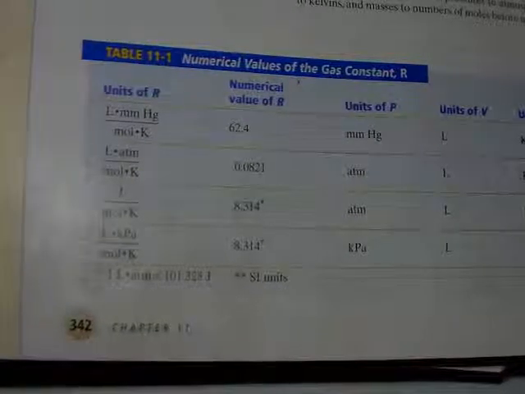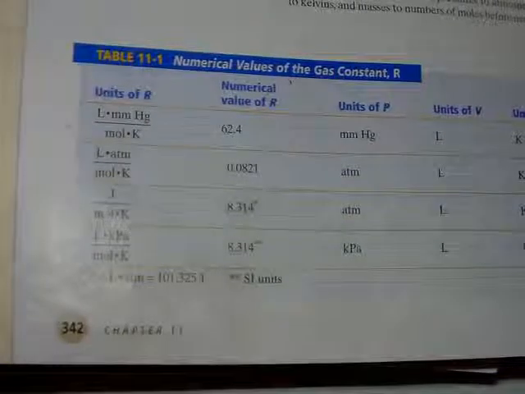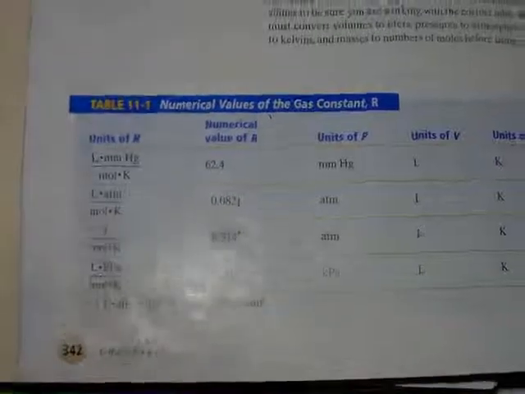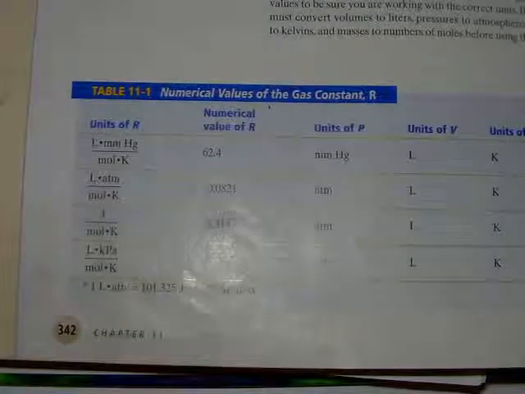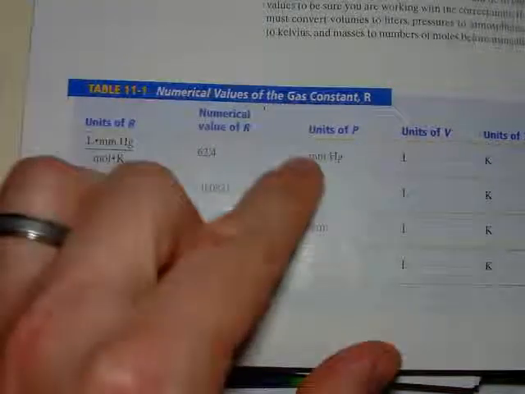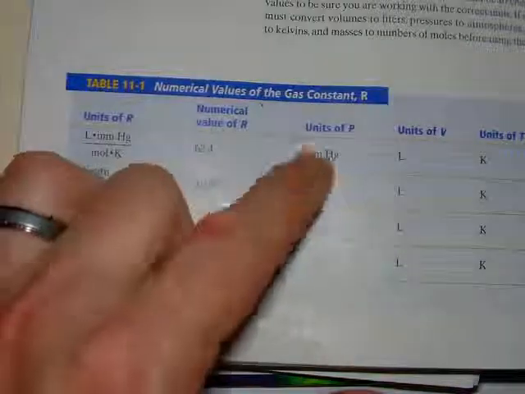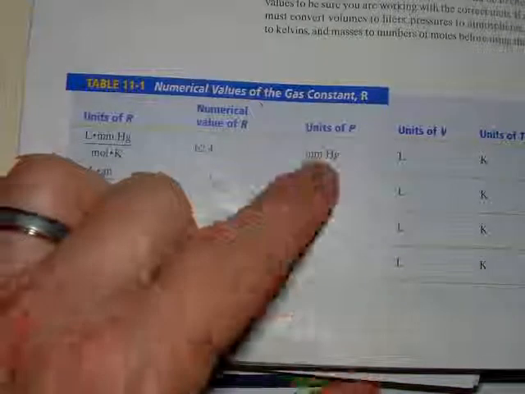It's on page 342. These are the different values of R, and you can see I have the different numerical values for R, depending on what units we're using for pressure.